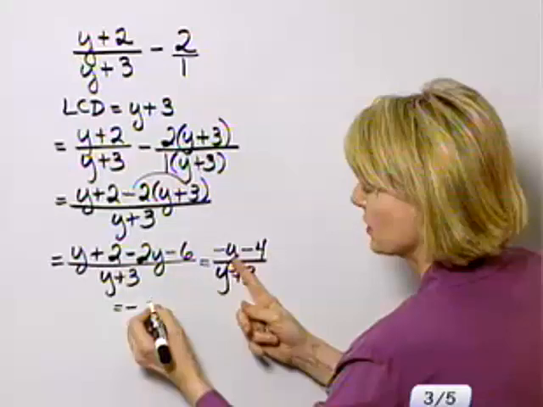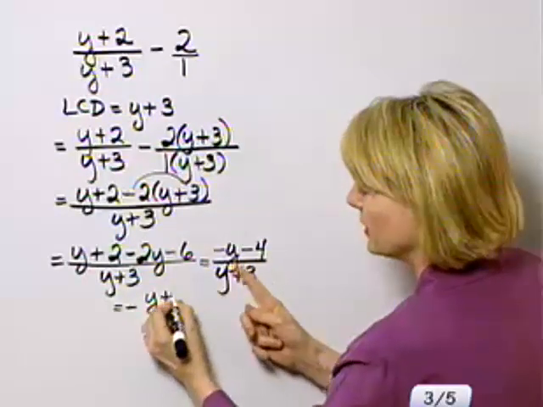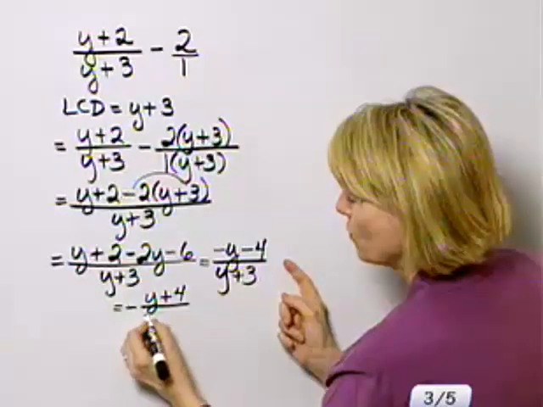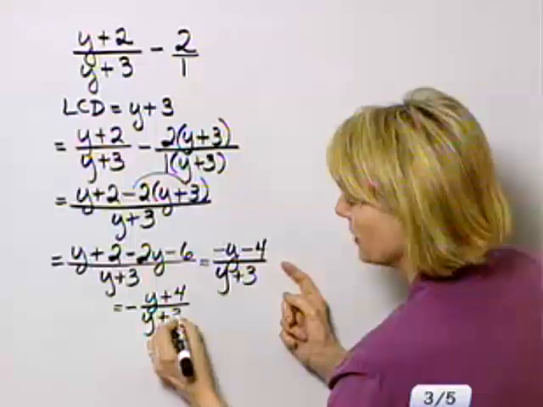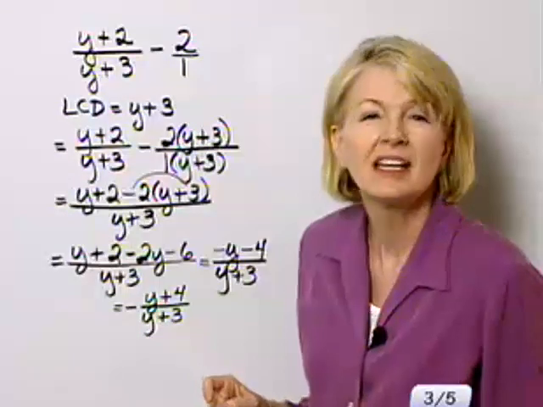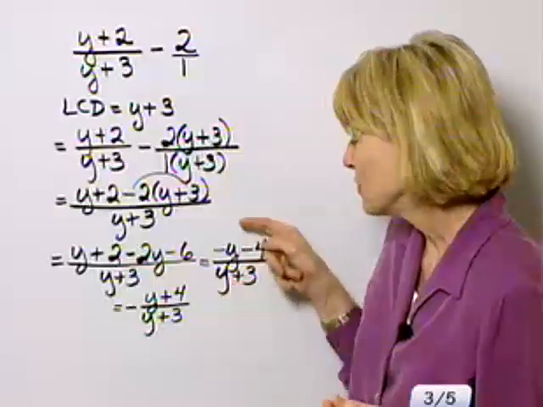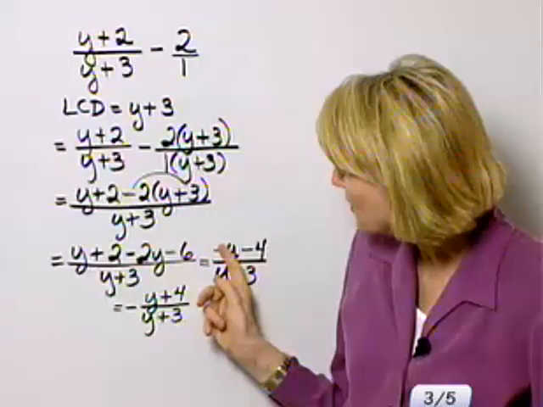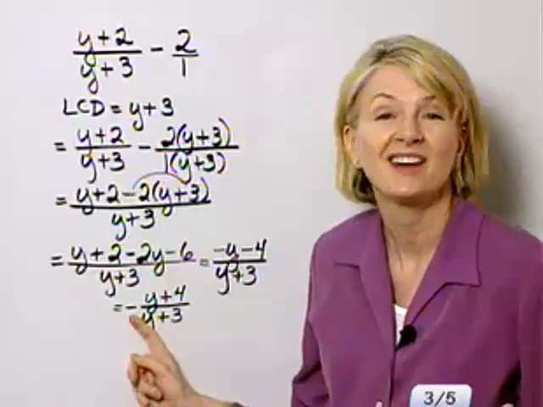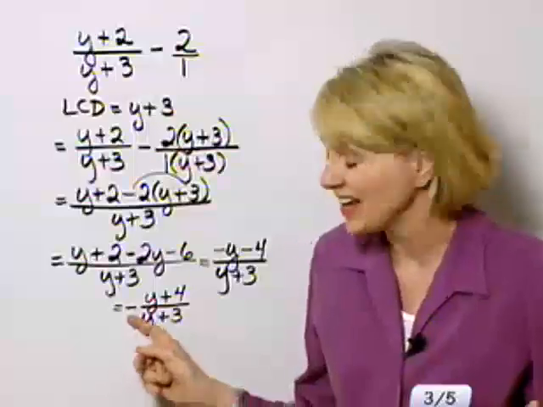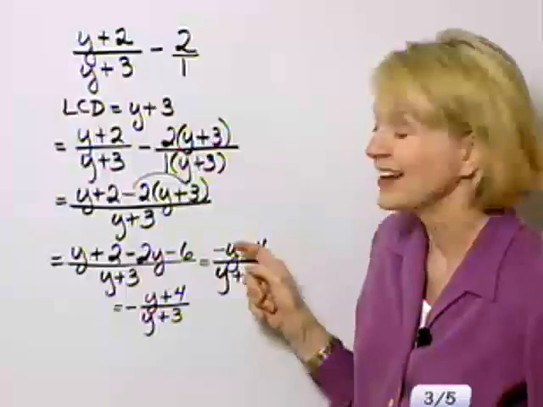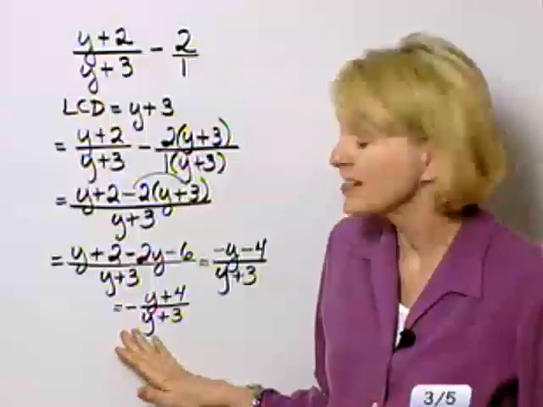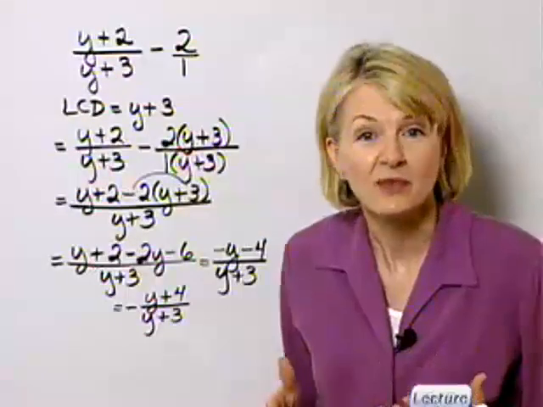If I do so, that's y plus 4 over y plus 3. Many, many equivalent forms here. You can leave it like that. That's perfectly okay. You can factor out the negative 1 and write it out in front. That's perfectly okay. This cannot be simplified, nor this, so this is my difference in simplest form.